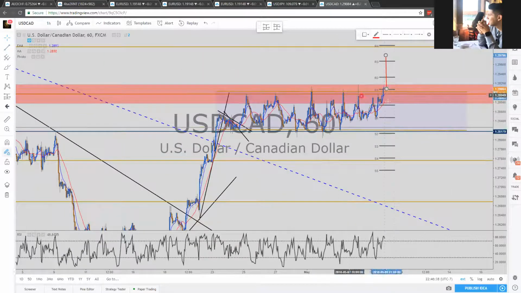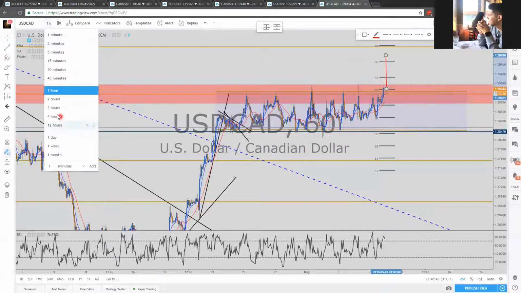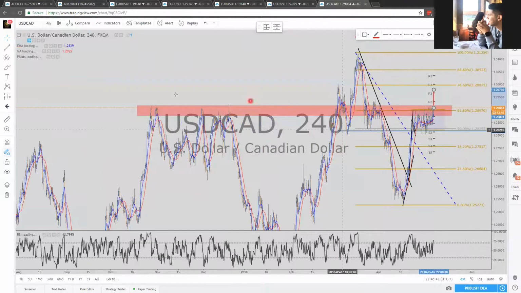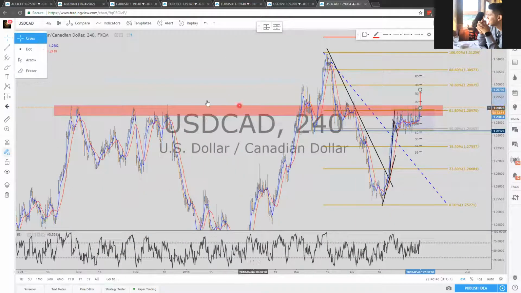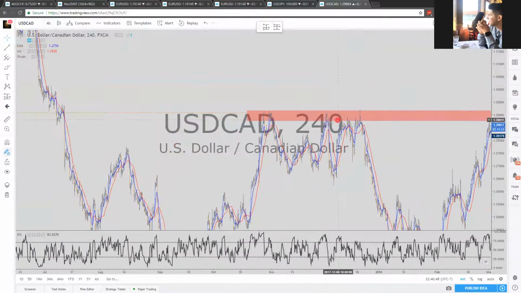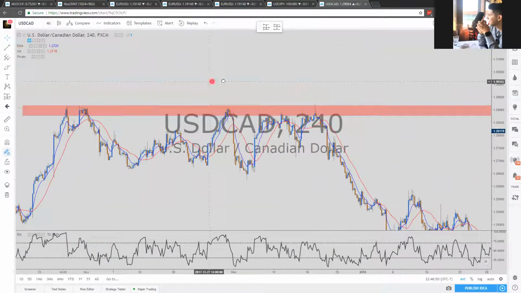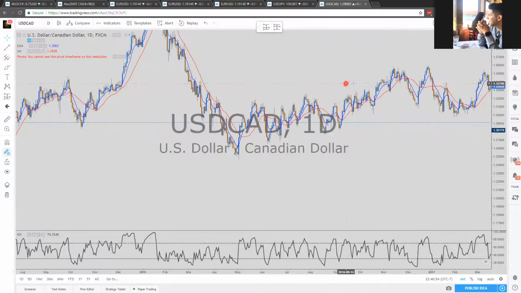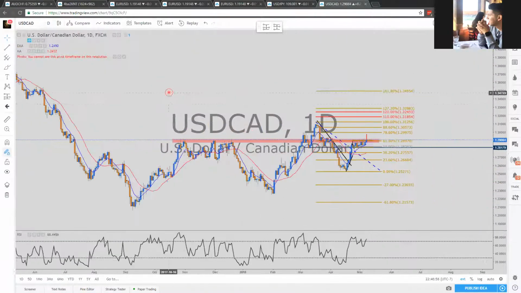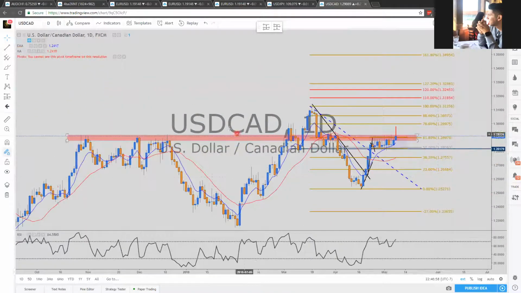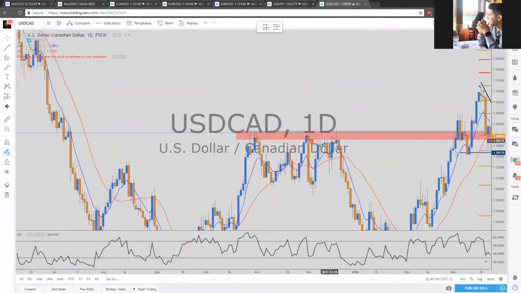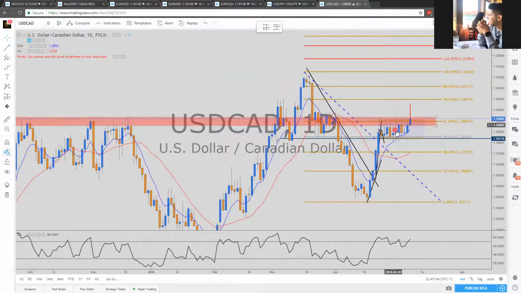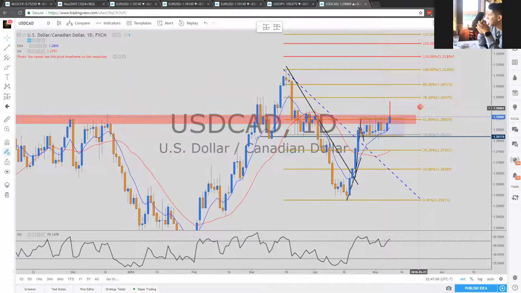Now, this red zone here is also an area of resistance. You can see right here on the 4-hour time frame. I got this one off of the daily actually. Tip of wick, tip of body. So if I zoom in, we can see just by getting this area here, you would be able to predict all this consolidation happening here.